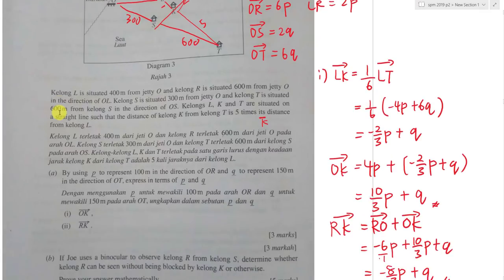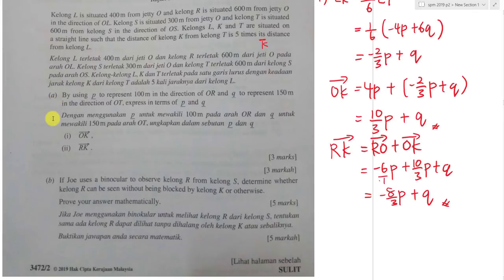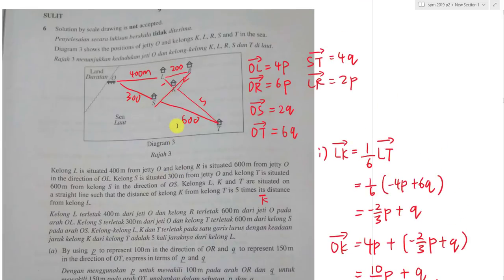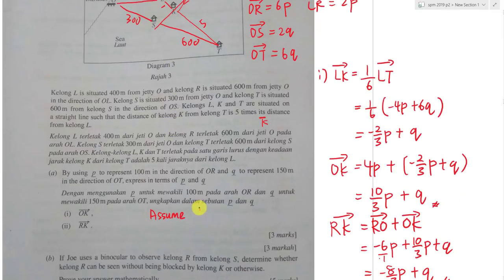So I will just assume they are a straight line. I will assume RKS is a straight line.